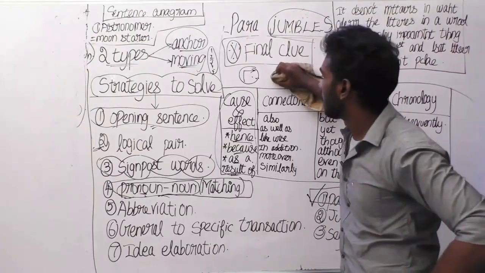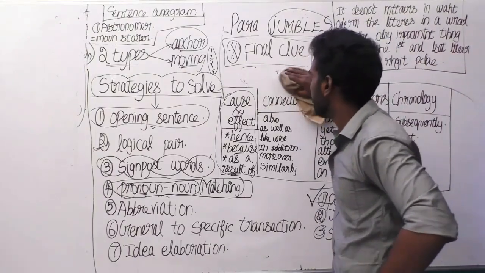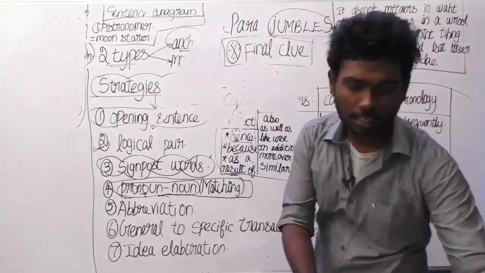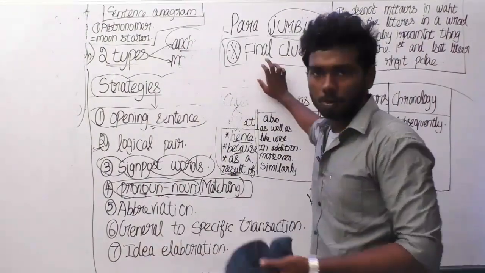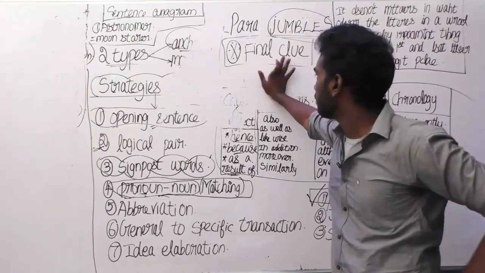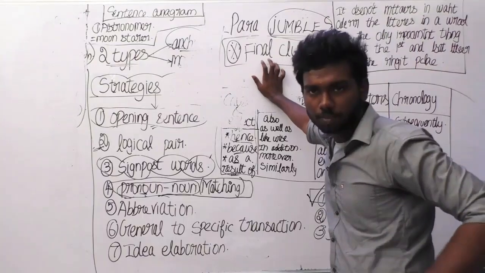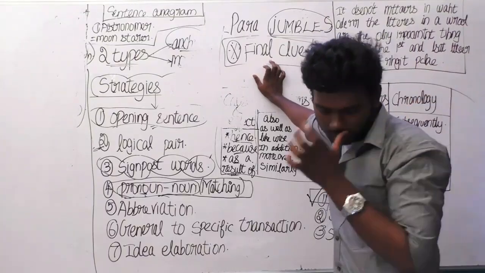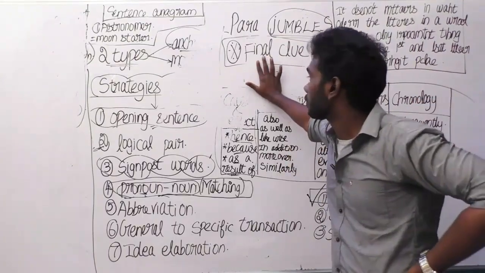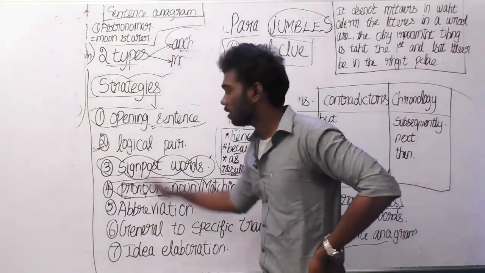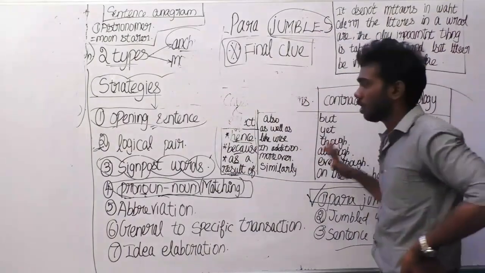Now I am going to tell you a very important clue, and that's the reason I have written final clue here. Have you noted it down? What is the meaning of final clue? You may be thinking, sir, I did not understand how to use these things.